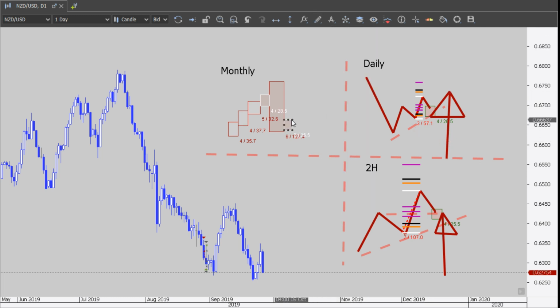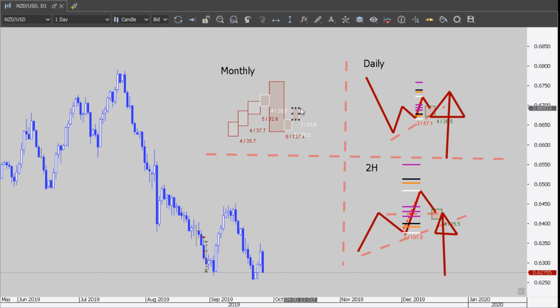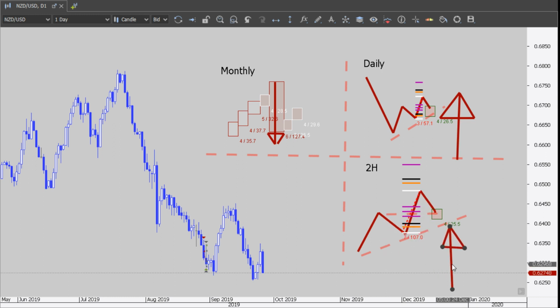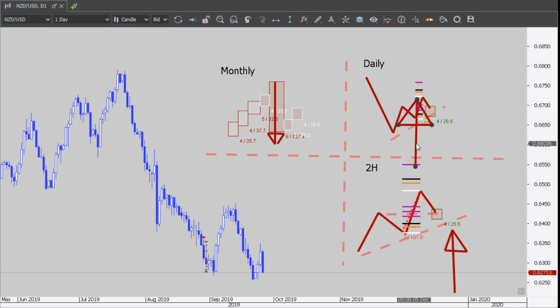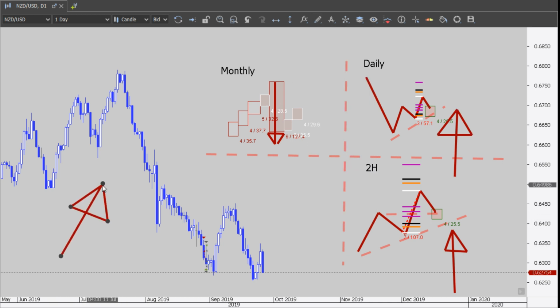But on the monthly there was a bearish engulfing candle, and what you are seeing on the daily and on the 2-hour chart, but most likely on the daily, is what is happening 80% of the time, meaning 80% of the time the market is going to retest your bullish or bearish candlestick formations.